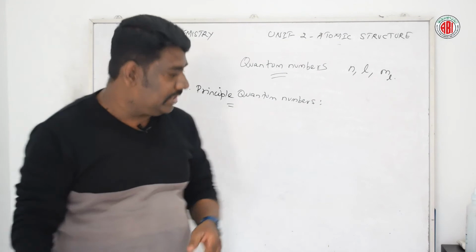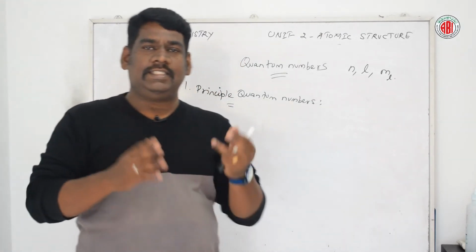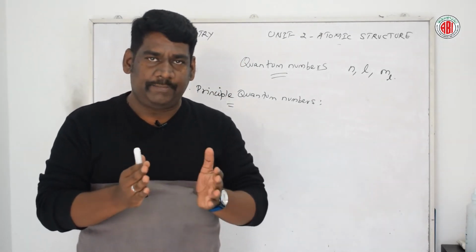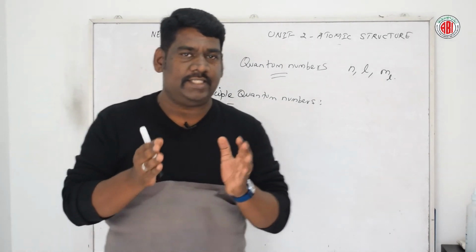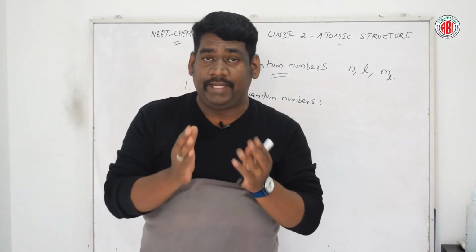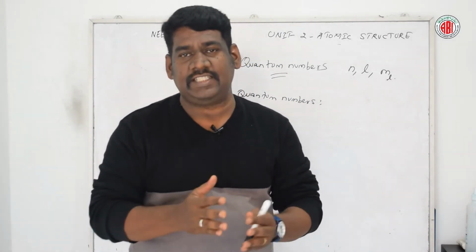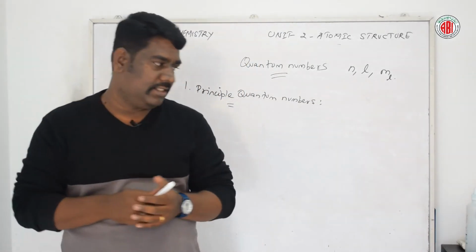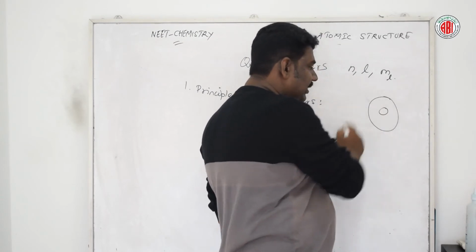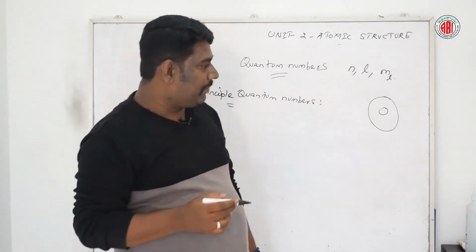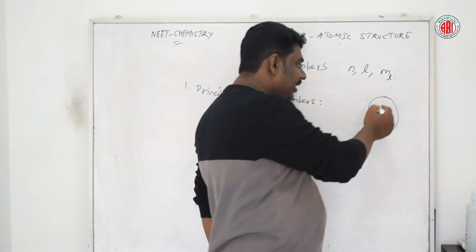Talking about this principal quantum number, this is the quantum number that could determine the main energy shell or the main energy level in which the electron is present. Say for example, a nucleus in an atom, around that there is a circular path called orbit, stationary orbit.